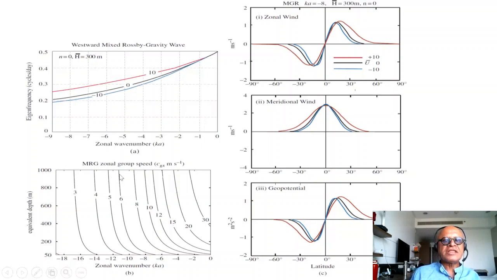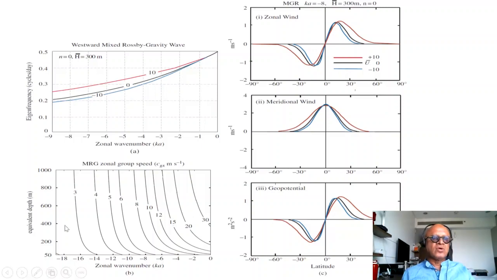Okay. Looking at the zonal group speed, they are all positive in this selection we have made with the depth and wave numbers. So you can see that as you approach lower frequencies and lower wave numbers, which means longer scales, and dependence on equivalent depth, the group speed increases.